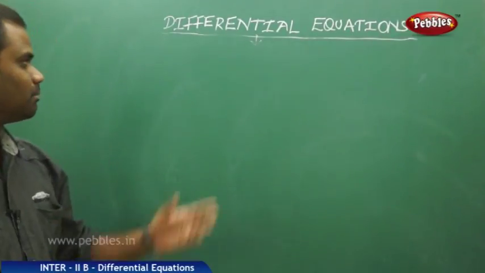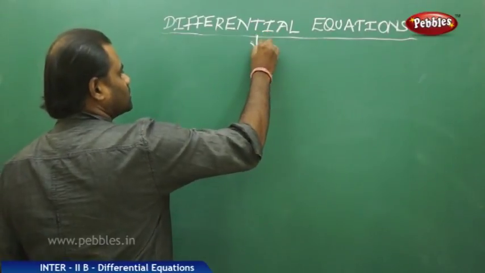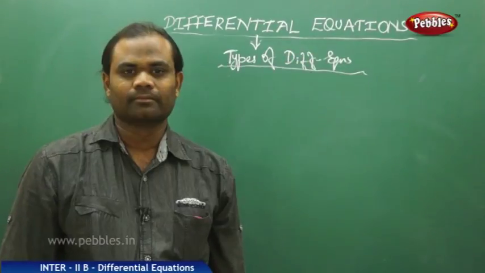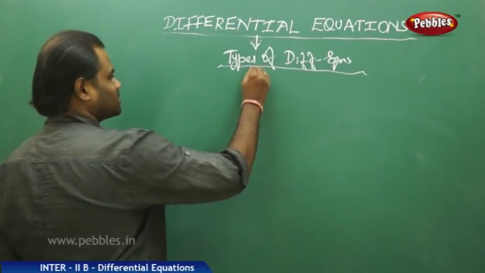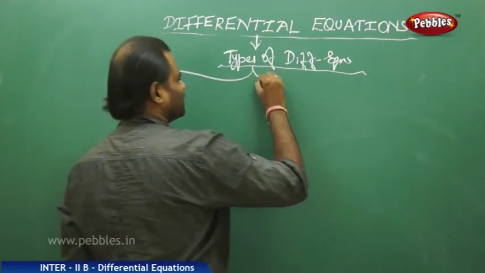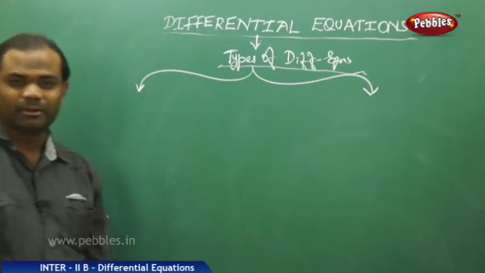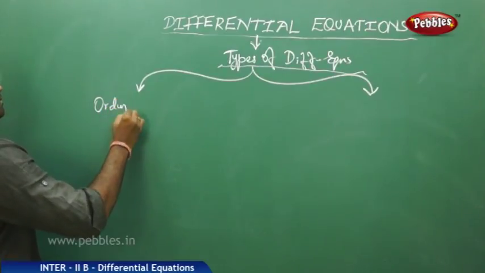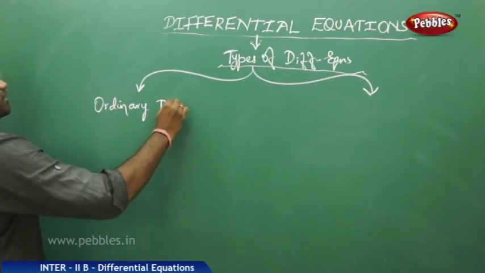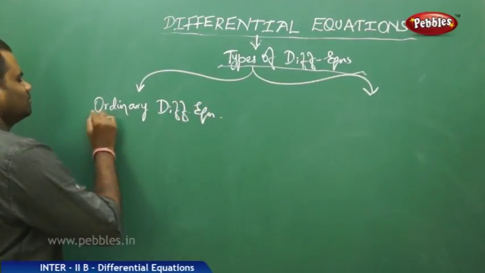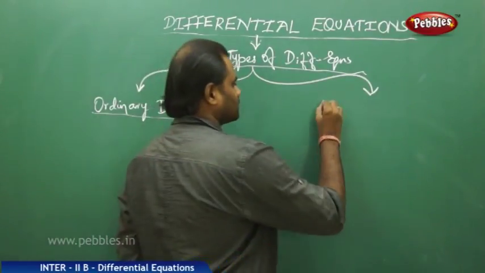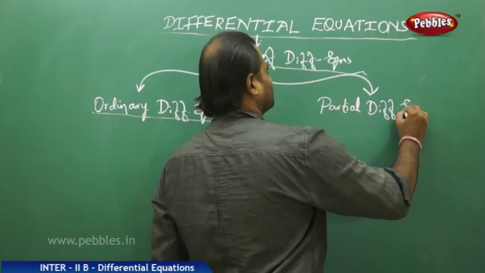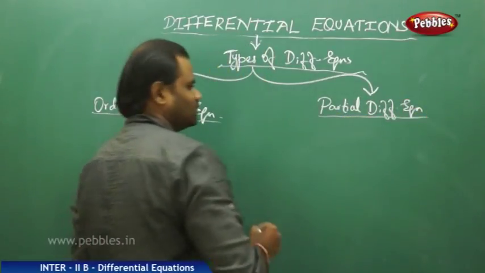Now that we have discussed differential equations, let's see the types. There are two types of differential equations through which we classify the dependent and independent variables. The first is ordinary differential equation, and the next is partial differential equation.